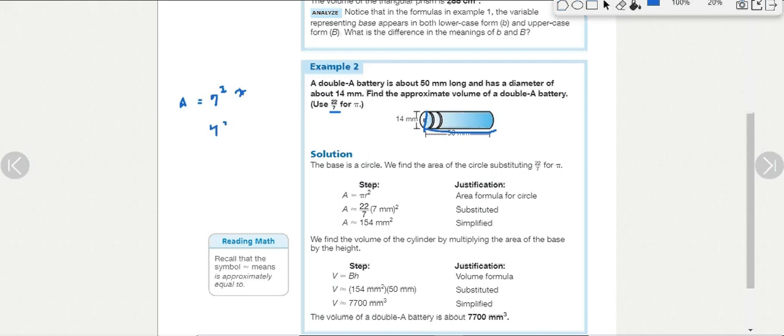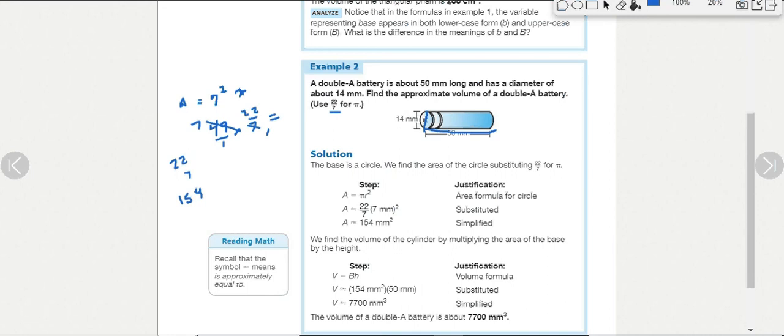So 49 times 22 over 7. Okay, I see why they wanted us to use the fraction, because that's a messy 49, because these reduce so fast, right? So it's 7 times 22. Or 154.